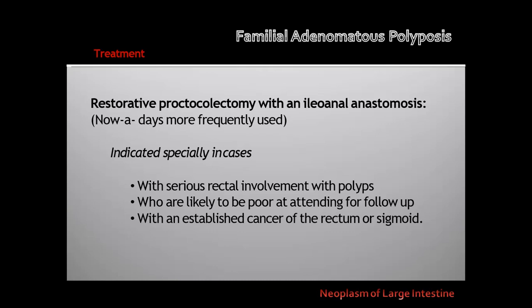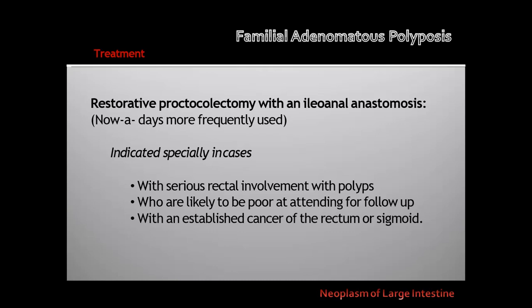It is indicated especially in cases with serious rectal involvement with polyps, who are likely to be poor at attending for follow-up, or with established cancer of the rectum or the sigmoid colon.